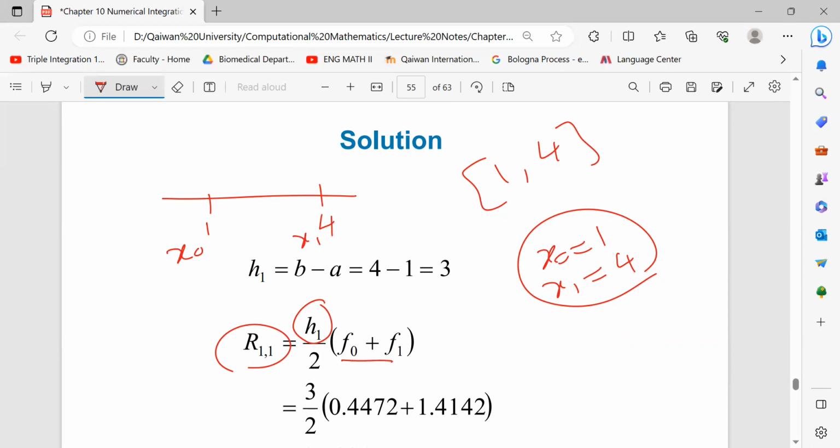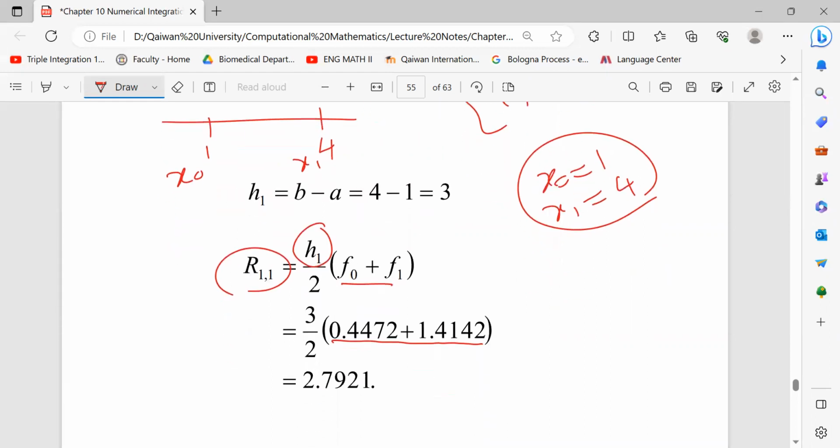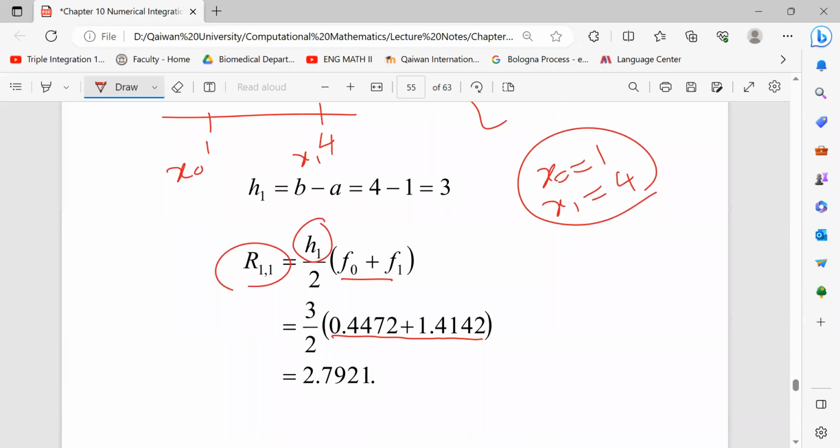Then f0 plus f1: evaluate 1 and 4 in the given function. The result is 3 over 2 times this value, and we get 2.7921. This is R11.